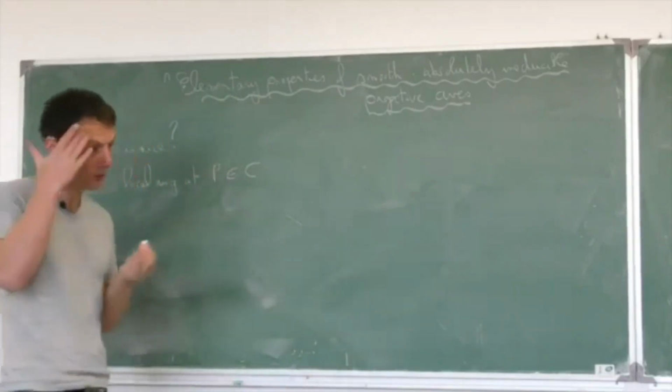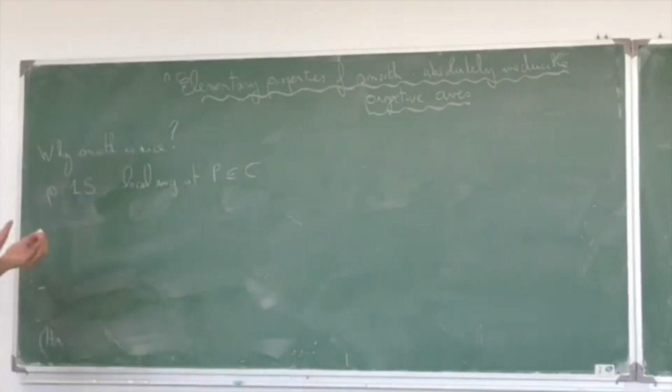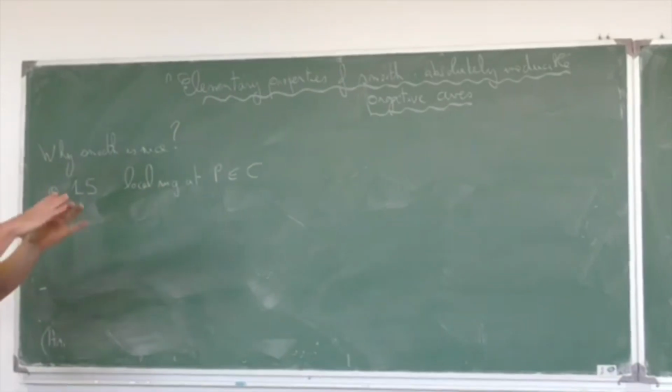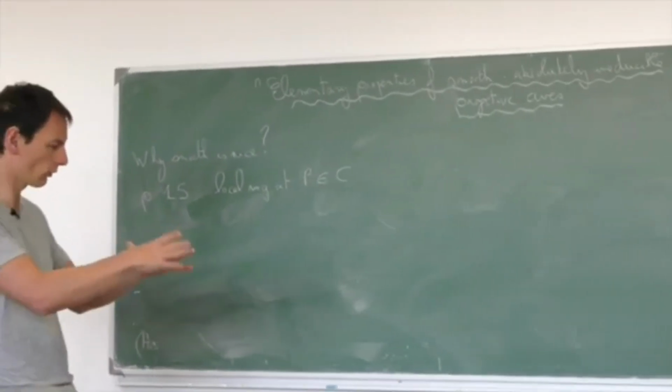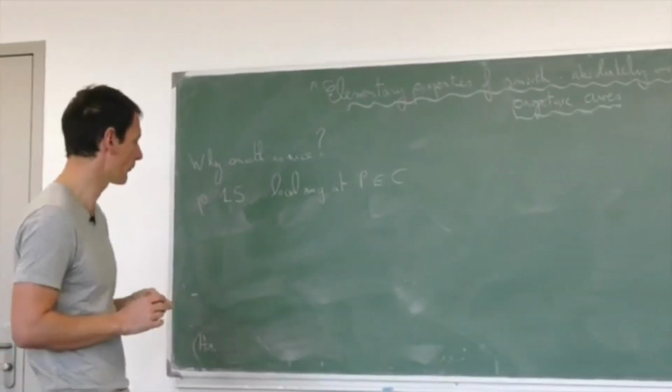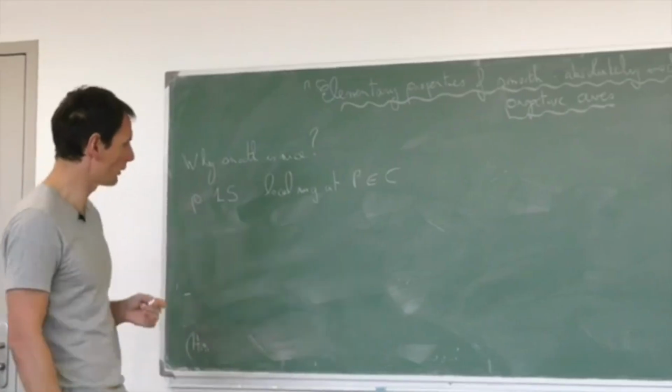Indeed, the notion of being smooth, so regular or non-singular, is something which is local. In particular, you could restrict to an affine model of the curve, just locally looking at an affine chart. And even closer, you can look at the local ring.